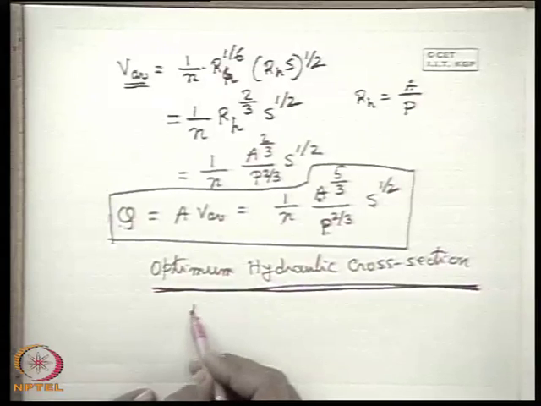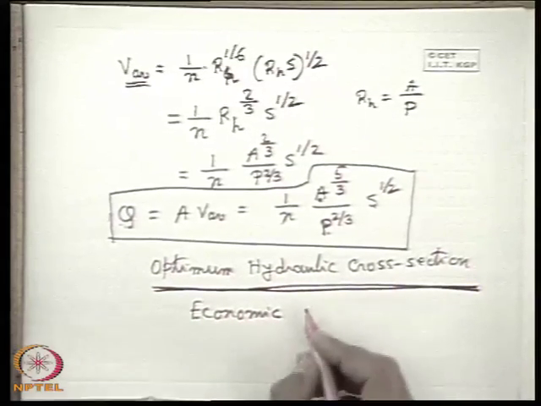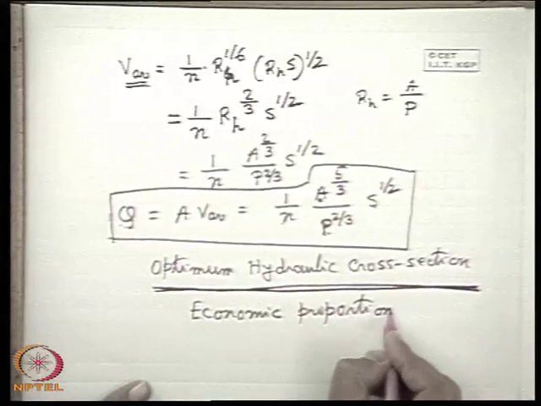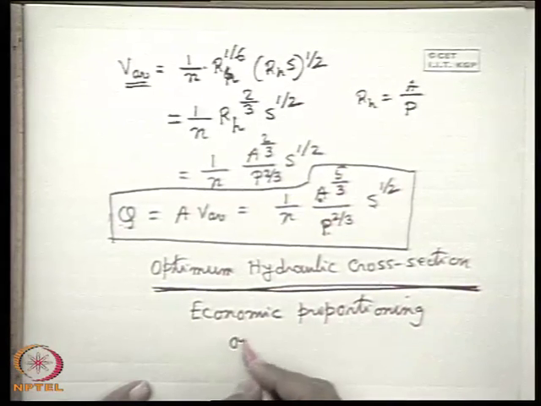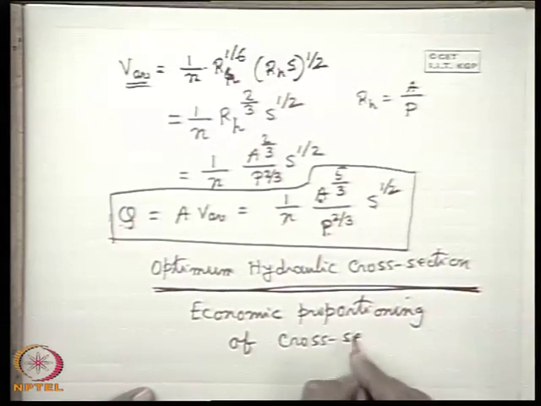This is sometimes known as economic proportioning of cross section. Why is it known as economic?